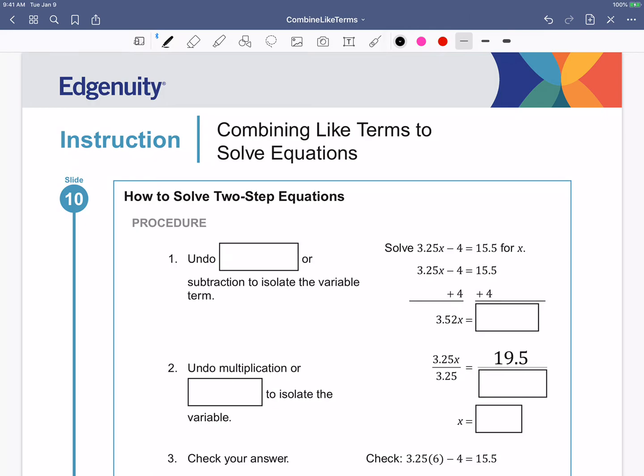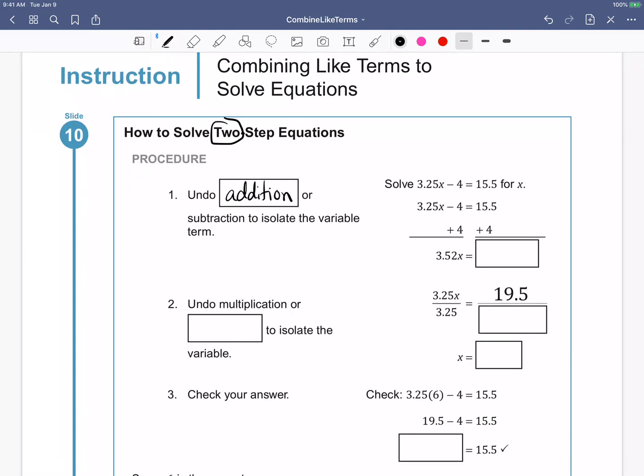So the next one, combine like terms. Now we're going to go ahead and do two-step equations, right? We did two-step equations. They have, again, 2 steps, remember? So the first one, you're going to undo addition or subtraction to isolate the variable term, okay?